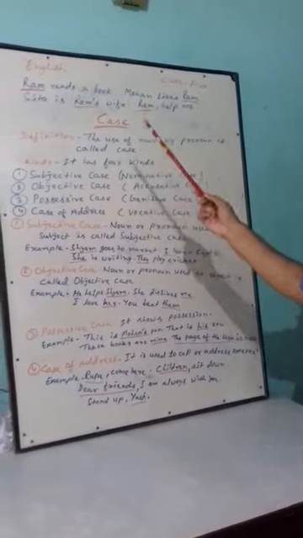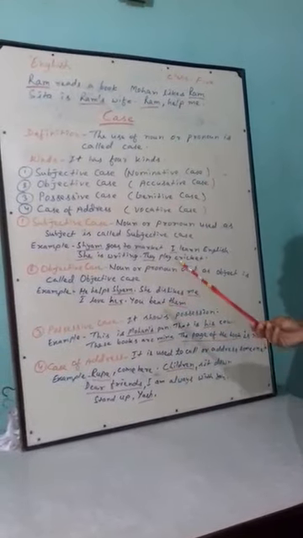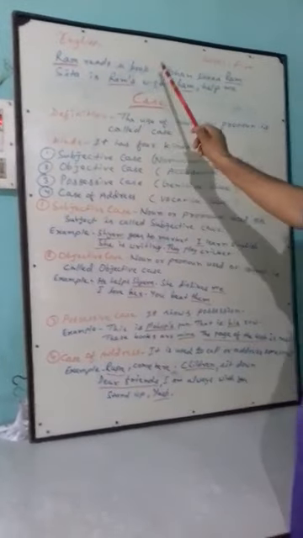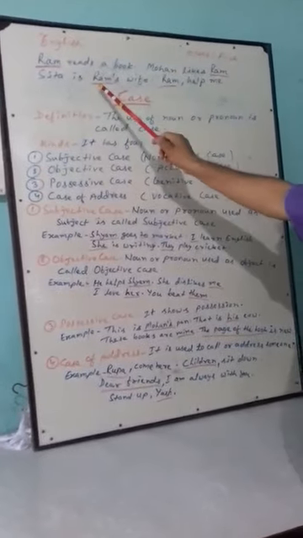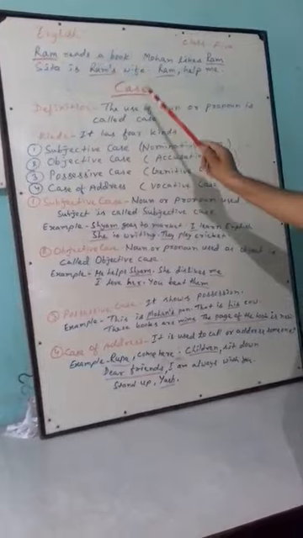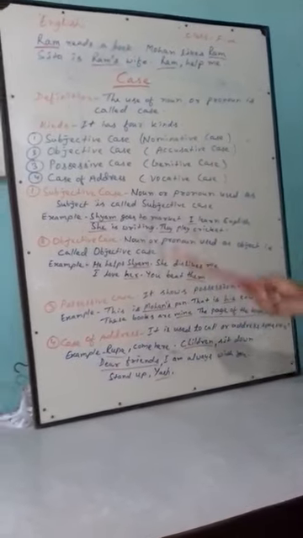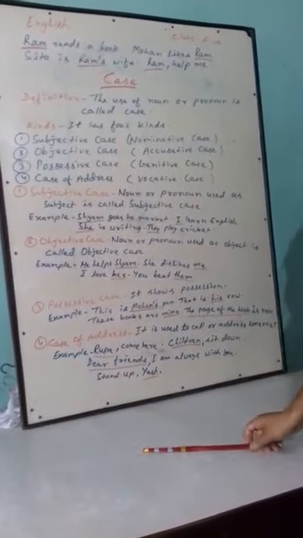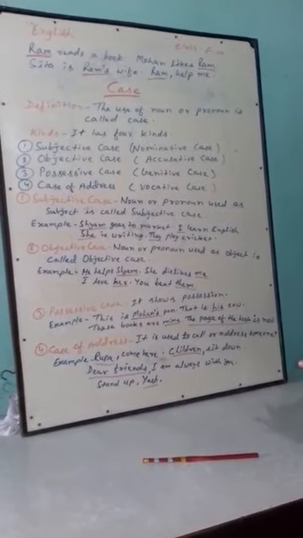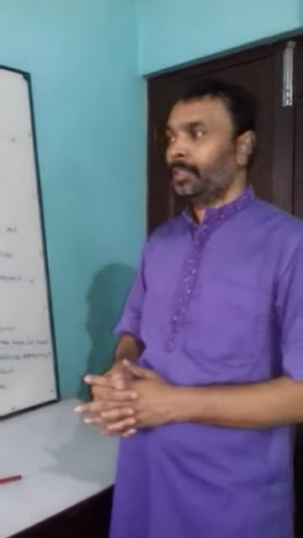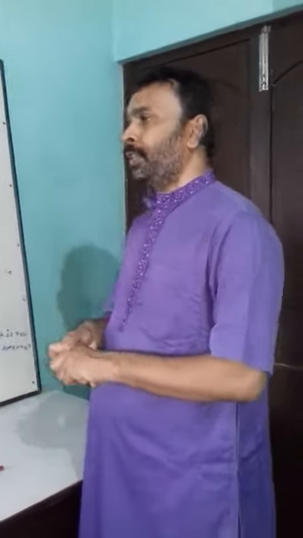In these 4 sentences, you should see one word is common, that is Ram. Ram reads a book. Mohan likes Ram. Sita is Ram's wife. Ram help me. In these sentences, you will find that Ram has been used in different ways.